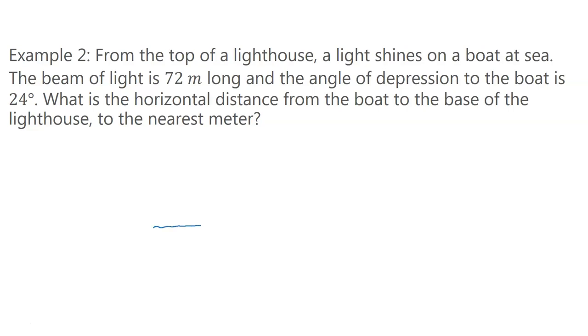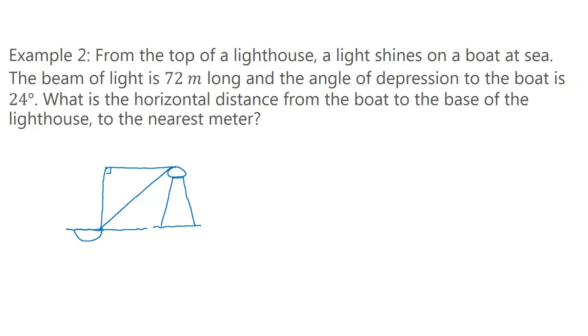So we'll say that here's the rock which the lighthouse is on. And in the water here, we have our boat. Now the angle of depression is found by drawing a horizontal line and then a line to the object.